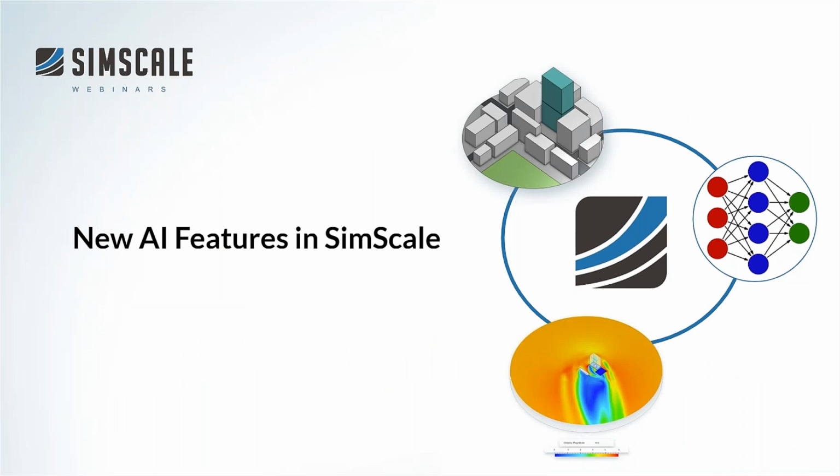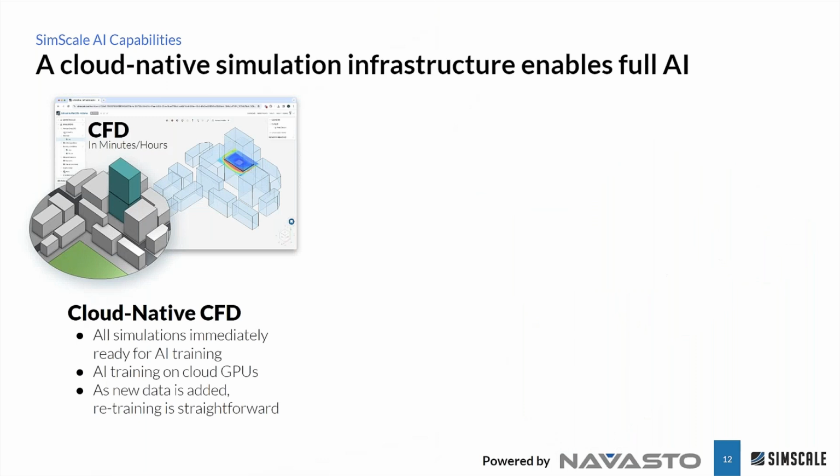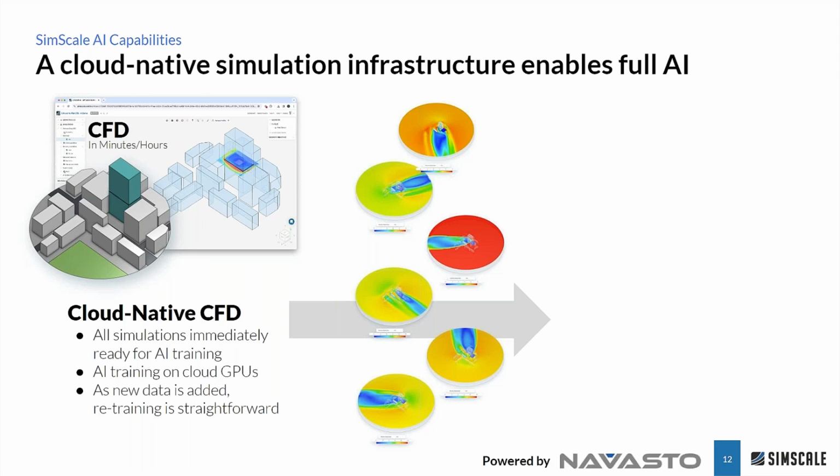So what's new now with AI, right? What I've shown so far have been around since quite some time now, integrations with standard traditional CFD methods, finite volume or lattice-Boltzmann. Now we have a new option on SimScale where you take the cloud-native CFD results that you have been computing in the past, and you train with the data that you generated an AI model.